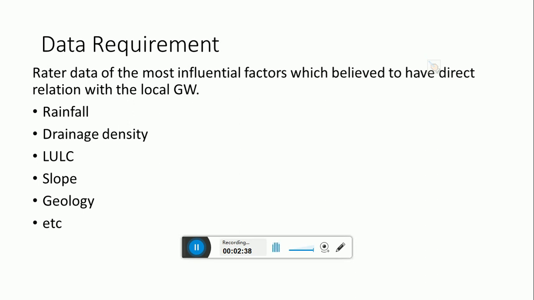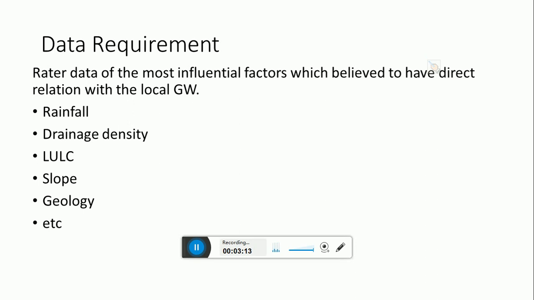And similarly geology, because different geologic material will have different characteristics in order to hold water beneath in your aquifer systems. And again, there are so many factors including clay content, for example clay mineral content, lineament density, and lineament by itself.